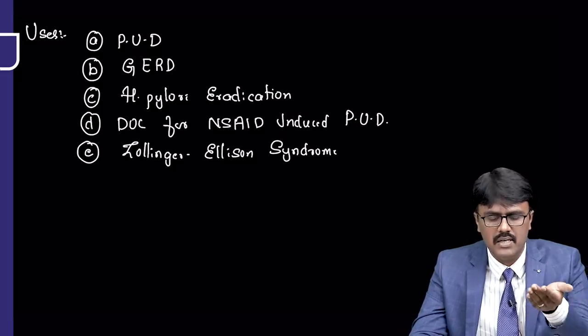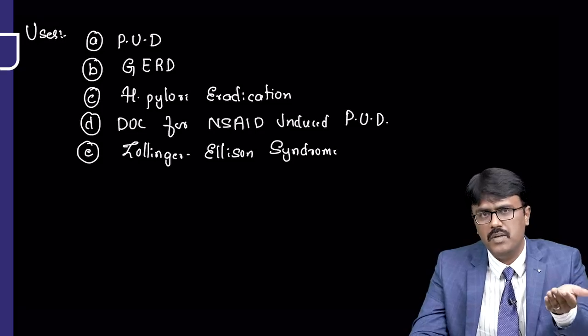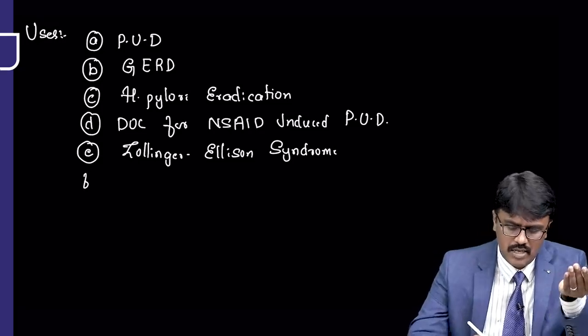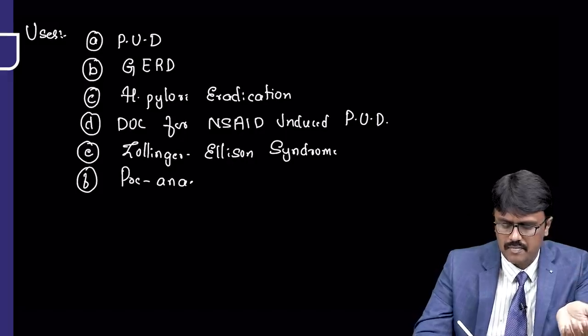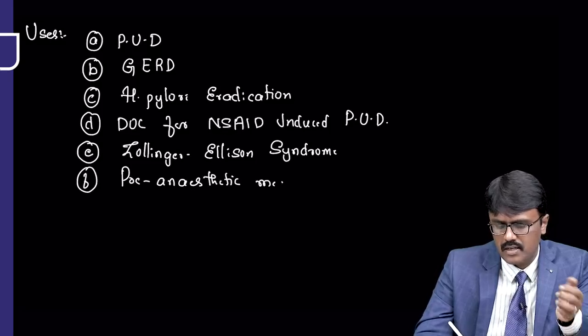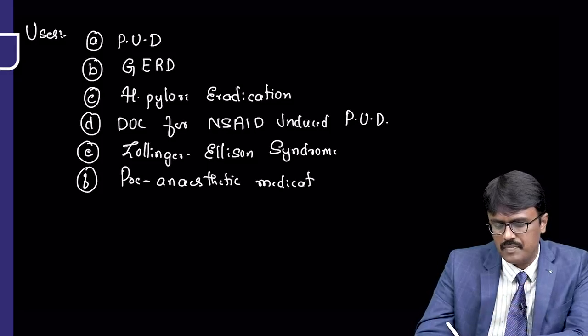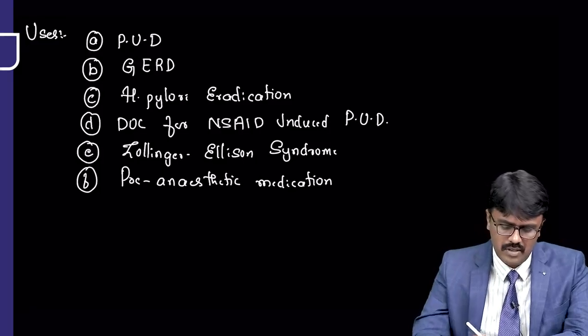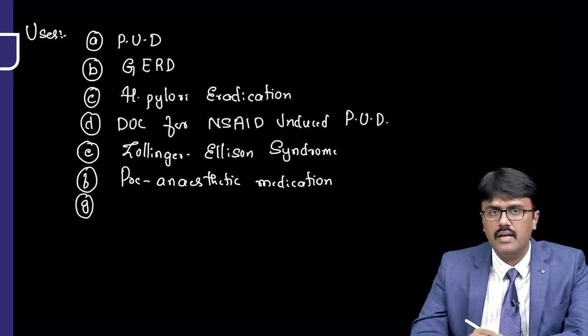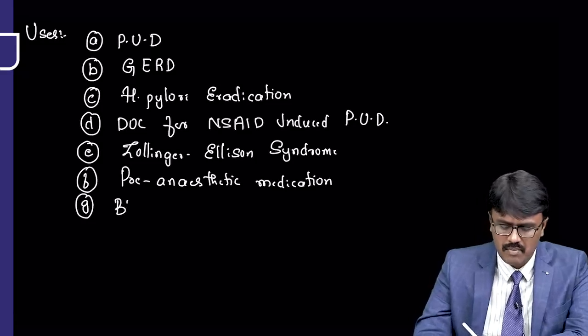So these are the major conditions where we use PPI. Many times we also use it as pre-anesthetic medication. And one more important point you need to understand is we use it in bleeding peptic ulcer.